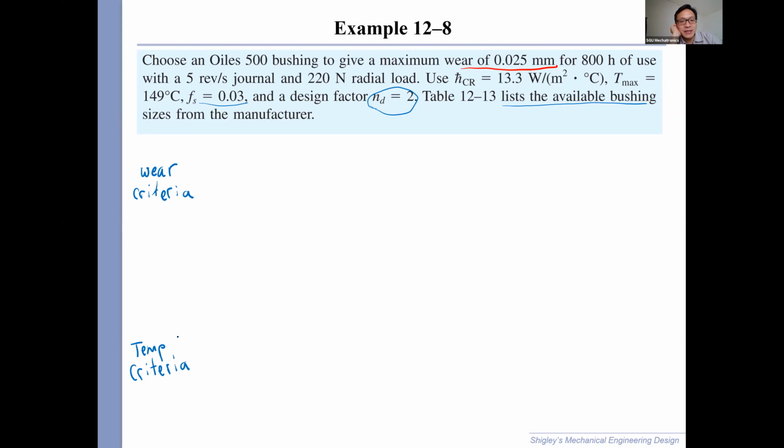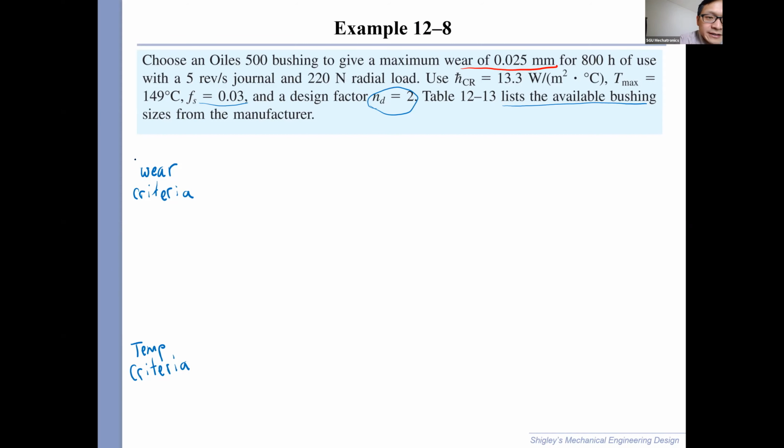We will ensure that our size meets those criteria because they act as limits. As long as you don't violate that limit, you're fine. But these wear criteria and temperature criteria will determine your size. Those are like an after check, okay? You check it after you select the size.